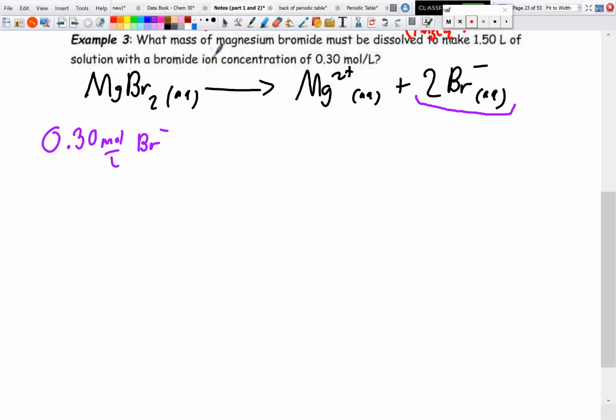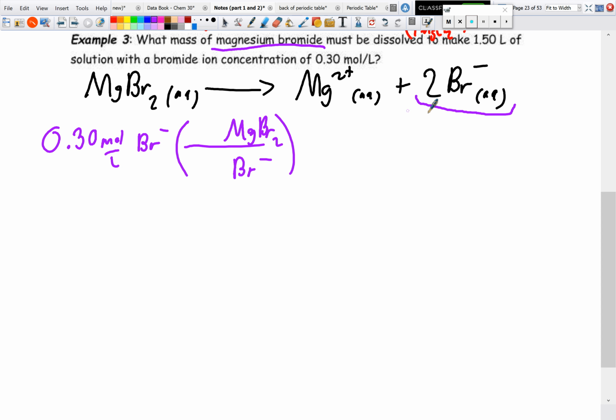Now, if we're asked to find the mass of magnesium bromide, we need to know the concentration of magnesium bromide. We can't use the concentration of the bromide ion. So our first step is going to be, we're going to get rid of our bromide ion concentration and find the concentration of magnesium bromide.